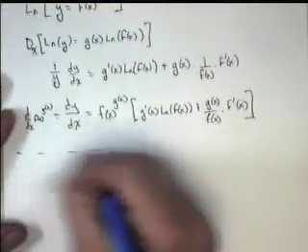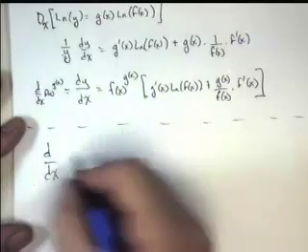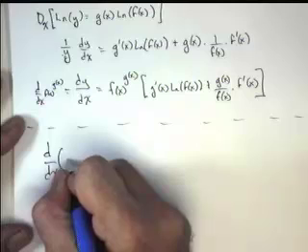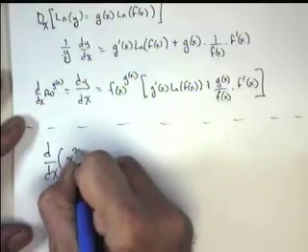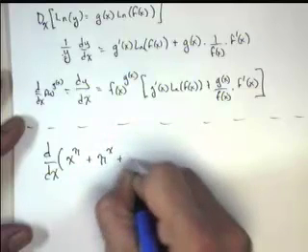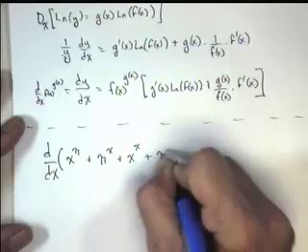Okay, let's take one example that kind of points this all out at once. What would the derivative of the following function be? Let's call it x to the pi plus pi to the x plus x to the x plus pi to the pi.